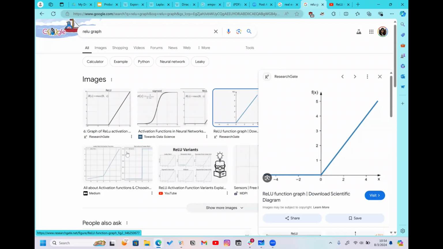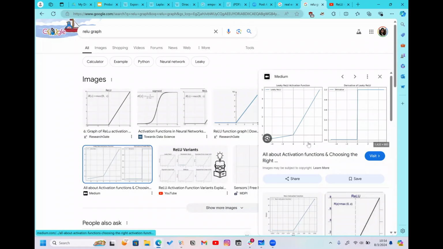So different variants of ReLU have been tried, where instead of making it 0, let's backpropagate a small signal, and there is something called Swish also. Different activation functions came about after that, but ReLU is mostly what's used nowadays. Other activation functions are not that prominent.